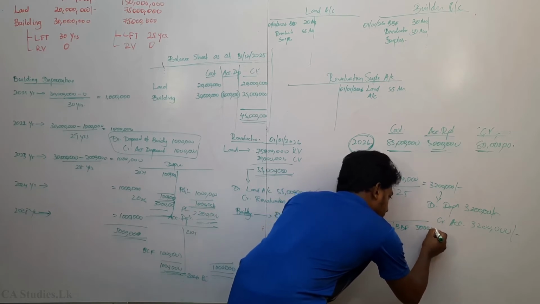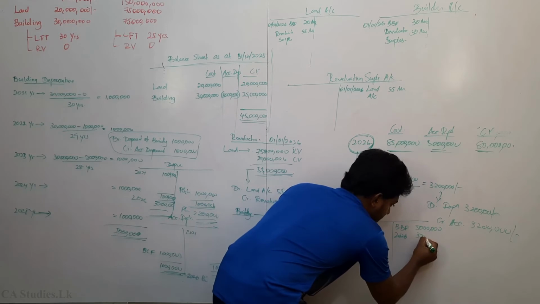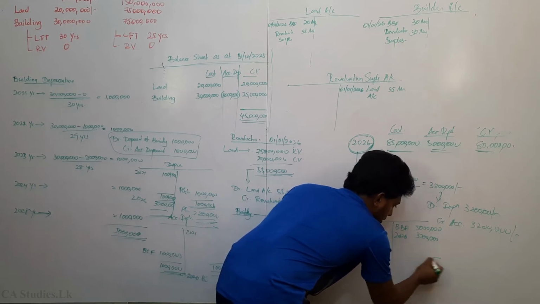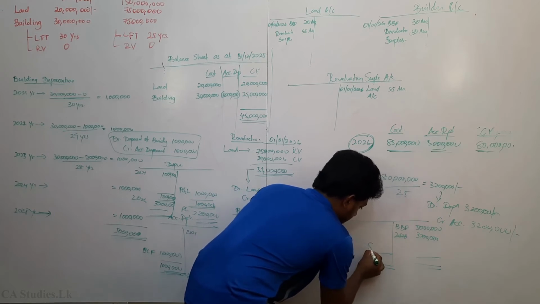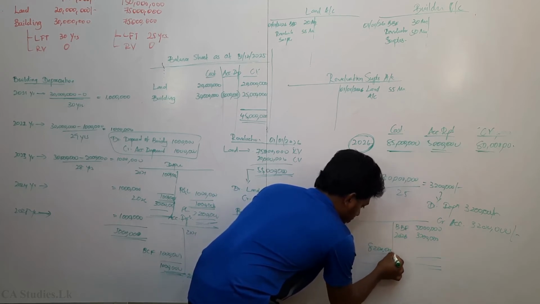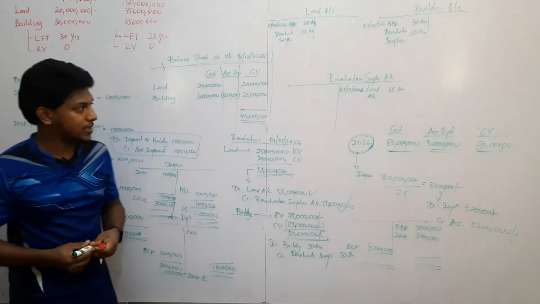Let's charge this year's depreciation of 3.2 million. Now the accumulated depreciation balance is 8.2 million. 8.2 million is the balance carried forward at 31st December 2026.